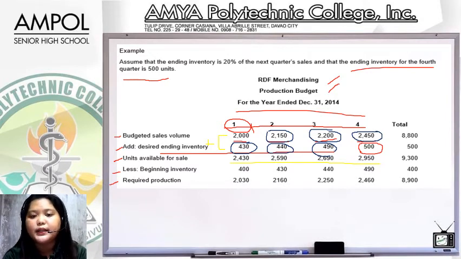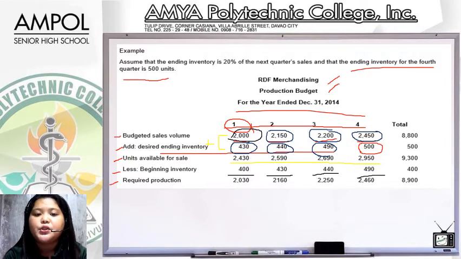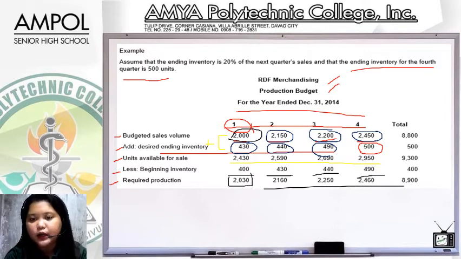So, sa 2,000, ang 20% niya is 400. So, here, ito na siya nakalagay. The same with the second quarter, 20% ni 2,150, 20% ni 2,200, and the 20% of 2,450.